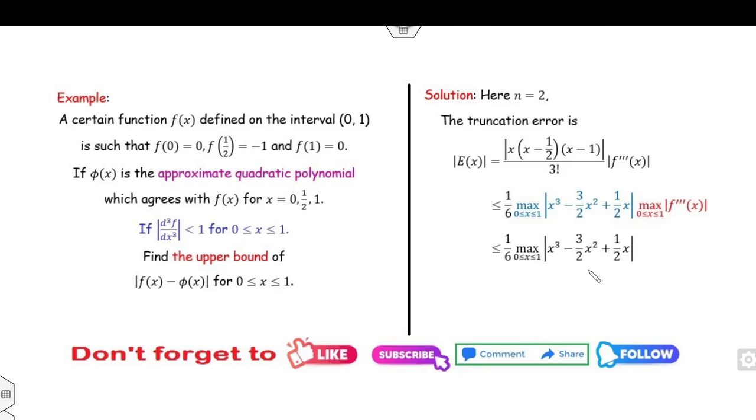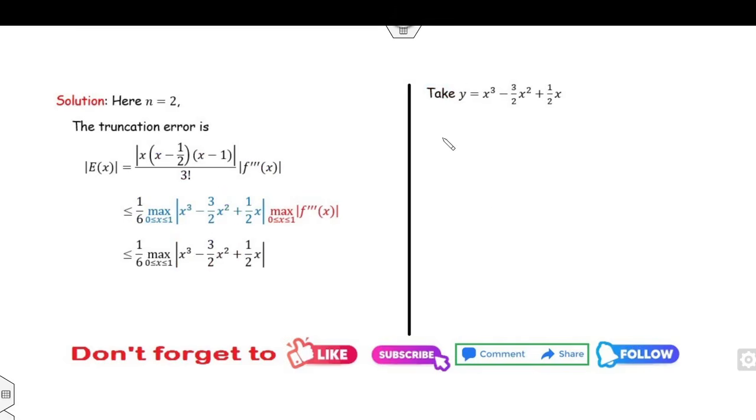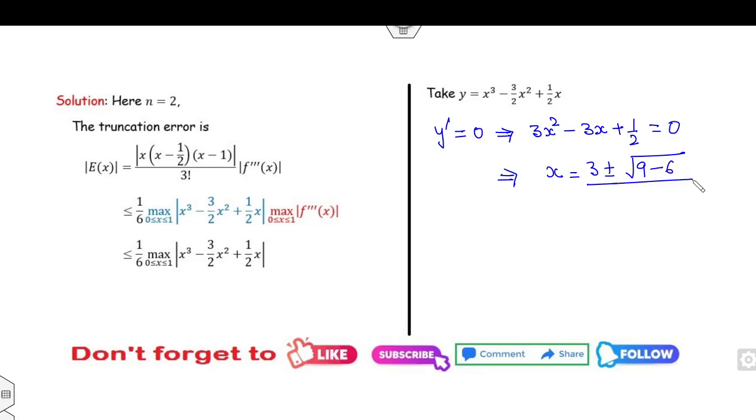Fine. How can you find this maximum value? I can simply say y is x cube minus 3x square. How can you find the maximum value? First derivative to be 0. That is 3x square minus 3x plus half is equal to 0. Now you can find these roots. You will get the two equations. Either you can use the calculator, or you can take the discriminant formula b square minus 4ac divided by 2a.